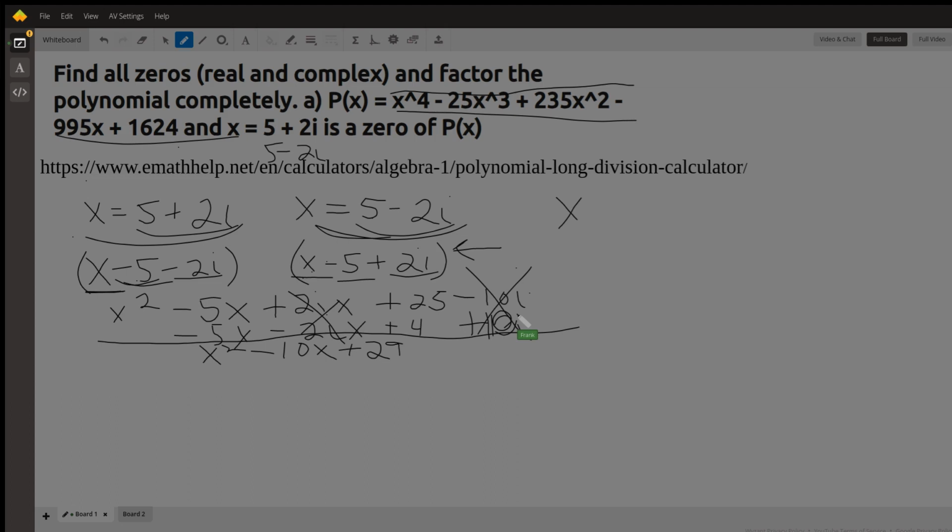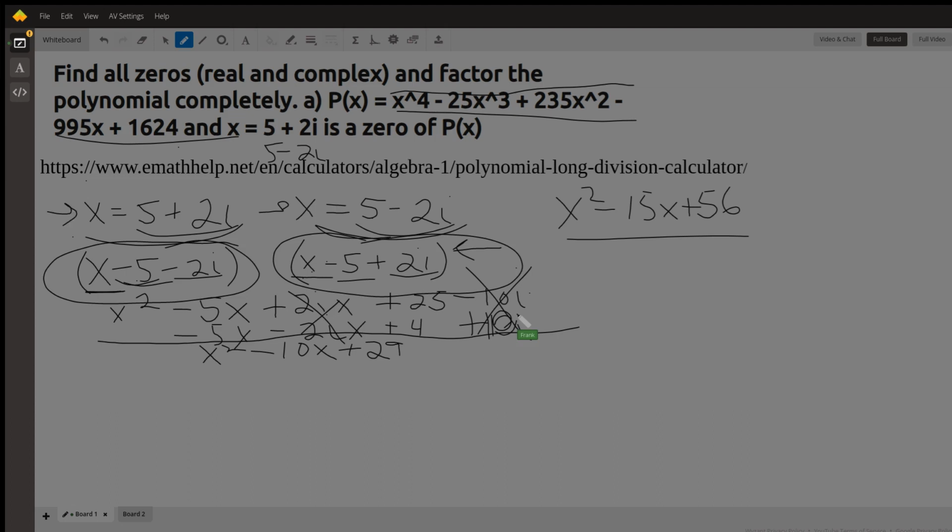So that's a simplified polynomial, x squared minus 15x plus 56. So that's what's left when I divide the original polynomial by these two factors based on these two complex zeros.